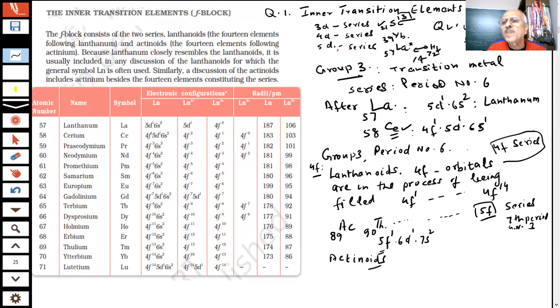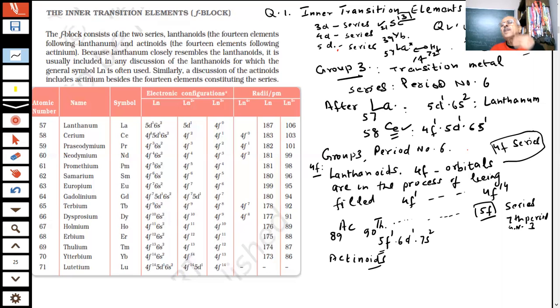What is your answer, student? The f block elements are the inner transition elements, which consist of two series, lanthanoids and actinoids, having 14 elements in each. That means the outer electrons are entering into the f orbital.